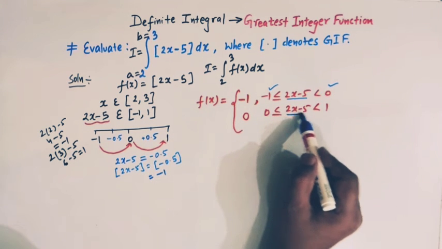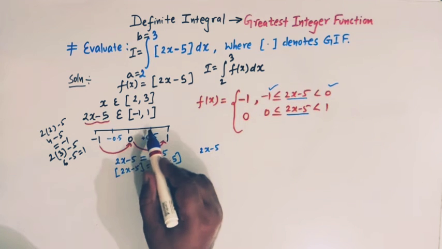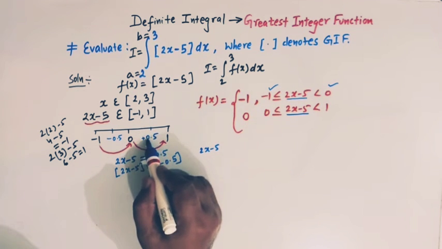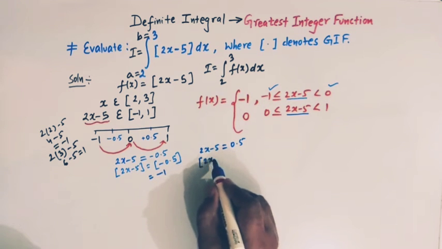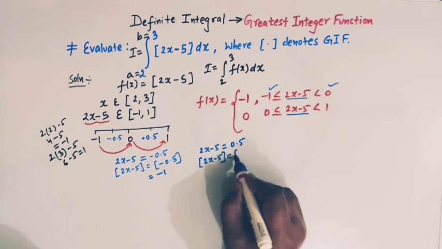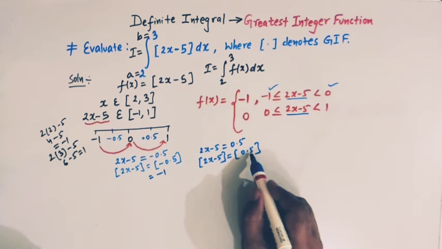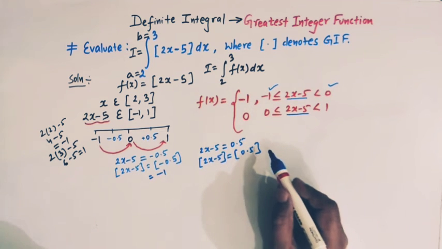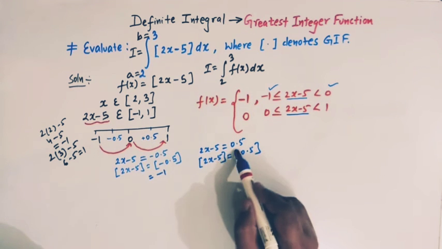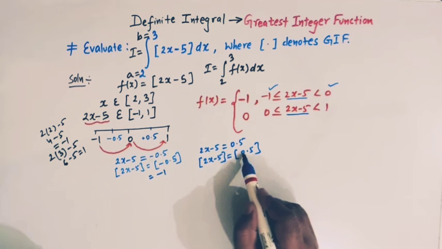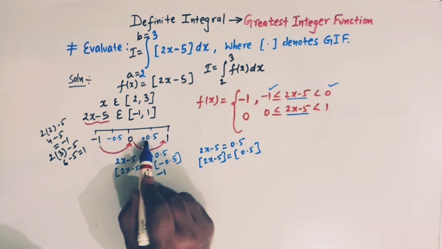Now when 2x minus 5 lies between 0 and 1, and for instance we are taking 0.5 here, then the value of the greatest integer function of 0.5 is, again due to the definition of the greatest integer function, the greatest integer less than or equal to 0.5.